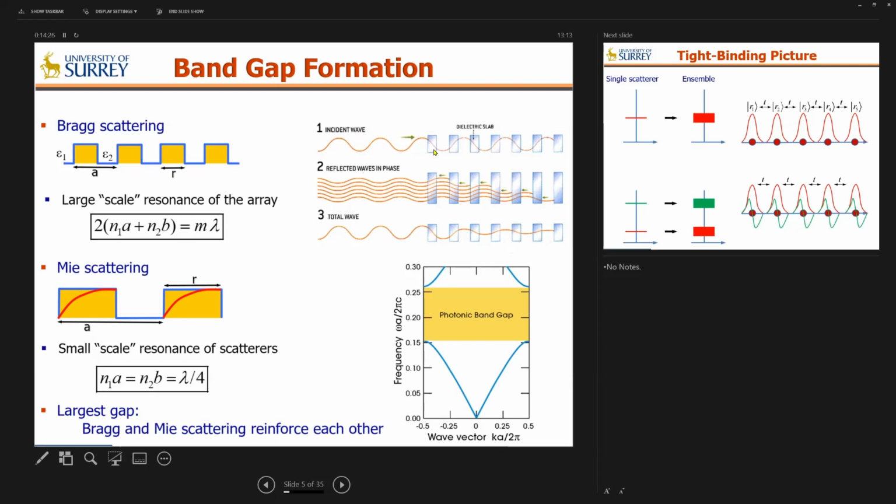If I look at the unit cells inside the crystal, I impose a condition that in the first unit cell, which consists of a slab of epsilon 2 and a slab of epsilon 1, the light reflected by this first unit cell and the light reflected by the second unit cell and the third unit cell and so on need to be in phase.